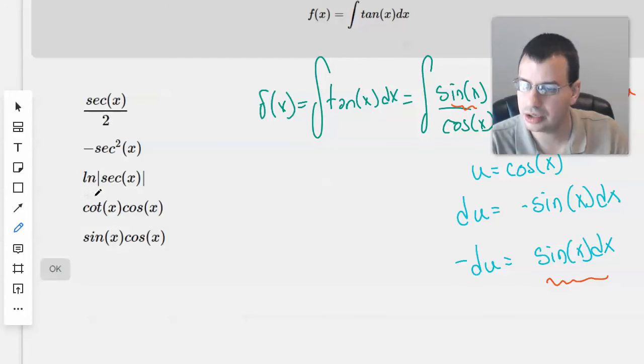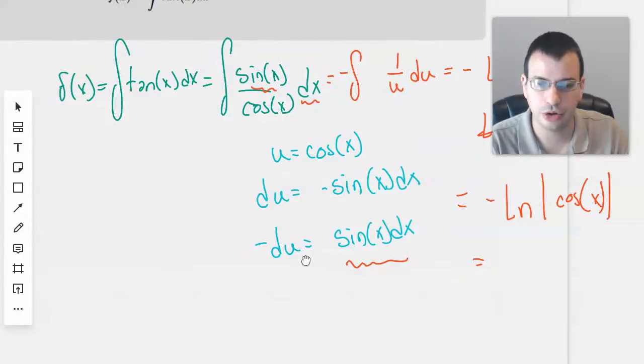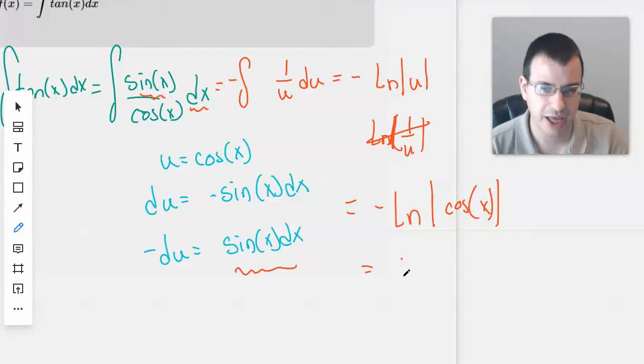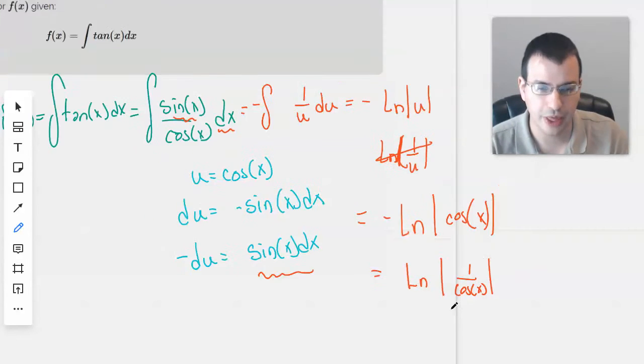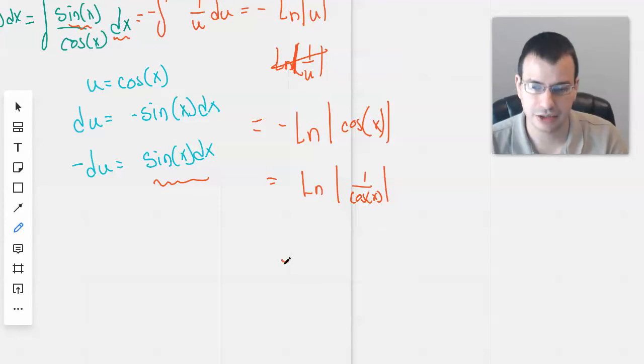So what we do then is we have natural log of 1 over cosine of x.